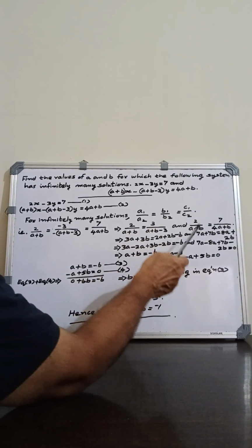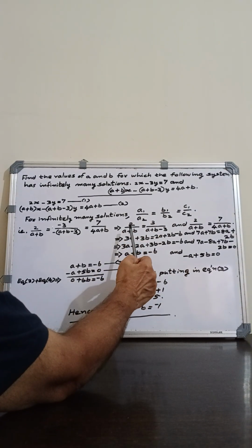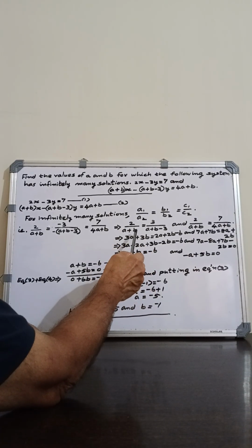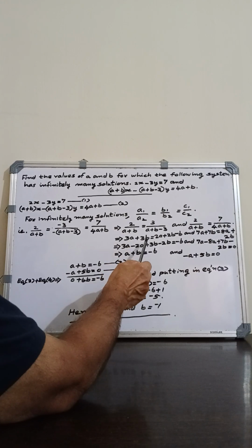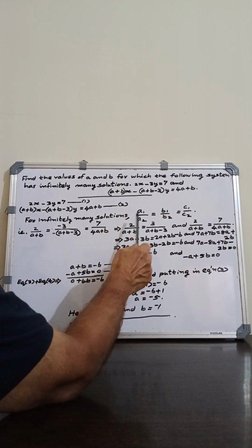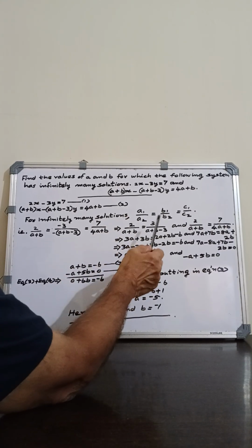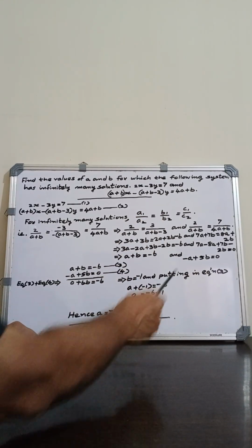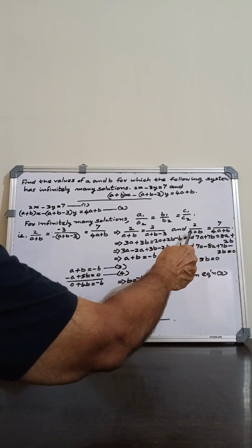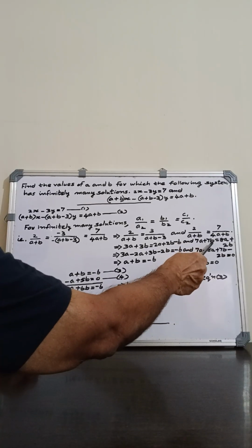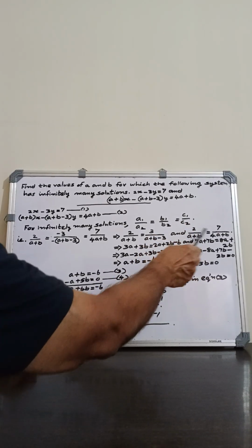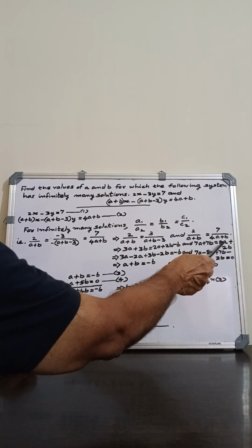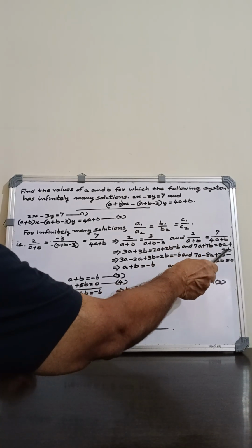In the first option, cross multiplication: 3 into (a plus b), 3a plus 3b equals 2 into (a plus b minus 3), 2a plus 2b minus 6.